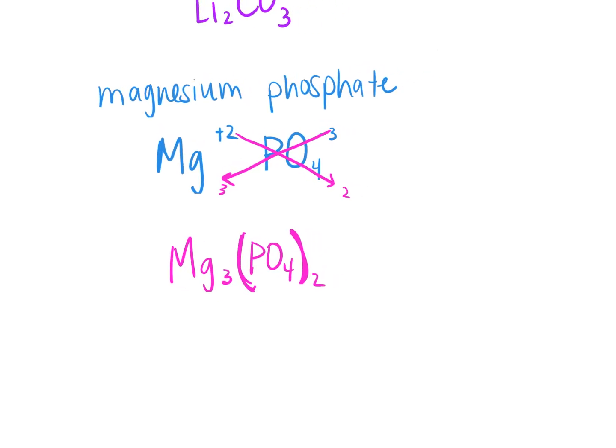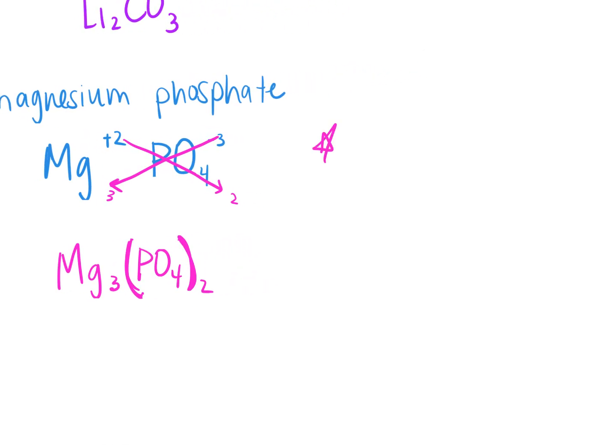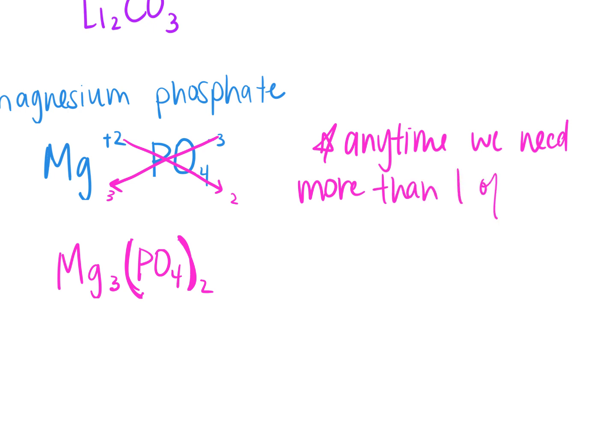So I think that might be worth writing on our slide. Anytime we need more than one of a polyatomic ion, we use parentheses.